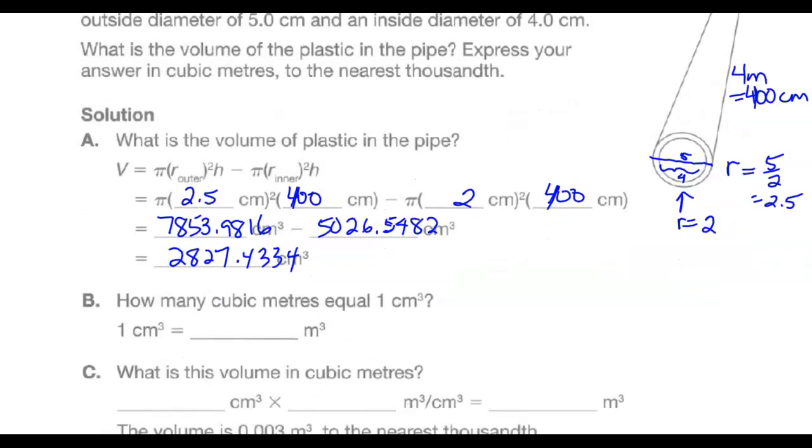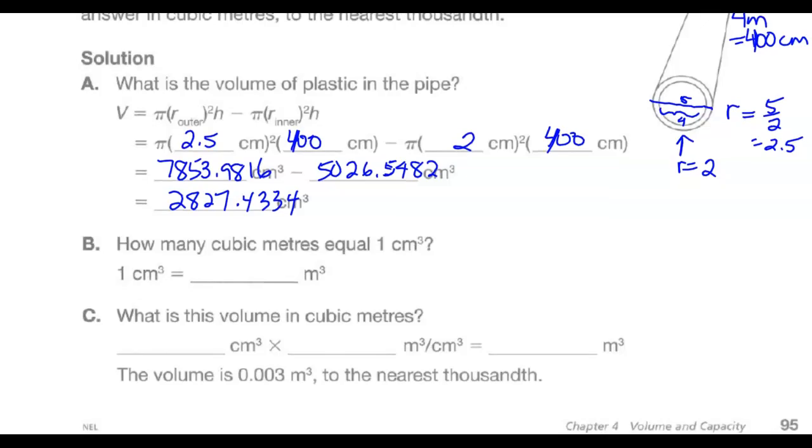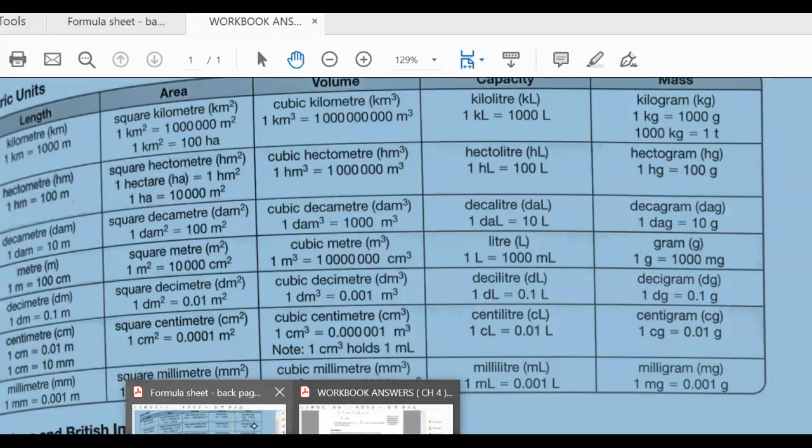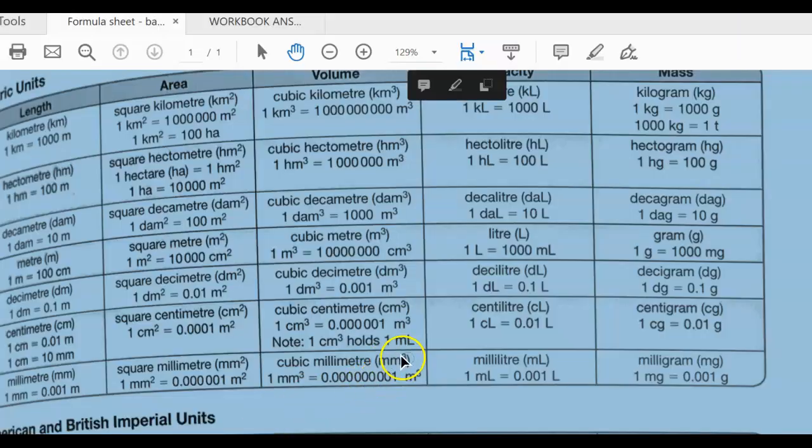Now, in terms of cubic meters, 1 centimeter cubed is how many meters cubed? Remember on your formula sheet, it has 1 centimeter cubed to meters cubed.